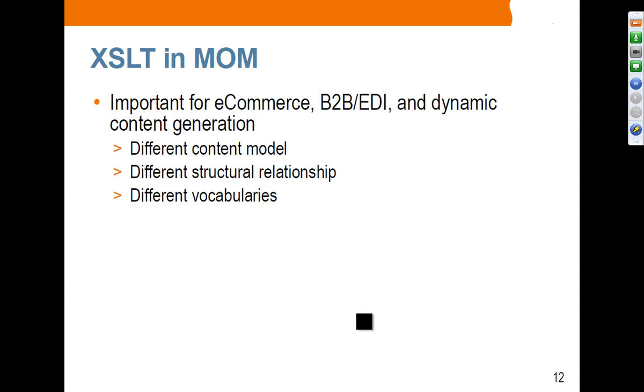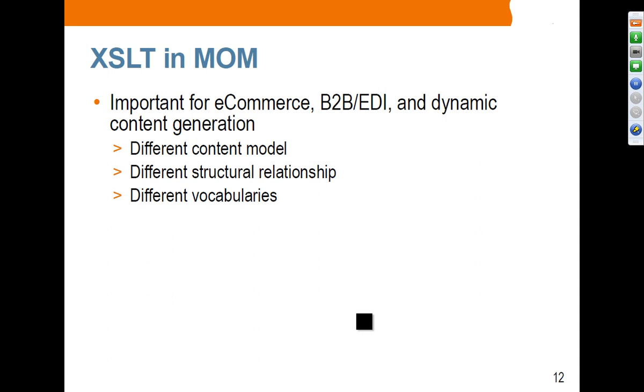So this is XSLT in MOM. It is important in e-commerce, B2B, EDI, and dynamic content generation. Basically, you want to generate a different content model from the same data. The same customer data might be consumed in different ways depending on the department.